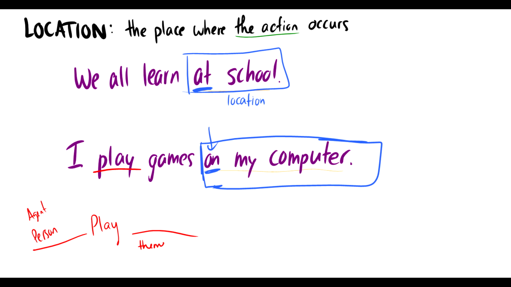So you play something, you play games, you play movies, and then this on my computer is just an adjunct. So it's just saying, oh, here's some extra location info. It's not necessarily a required argument of the verb play, so it's not going to be a goal. It's just going to be a location.